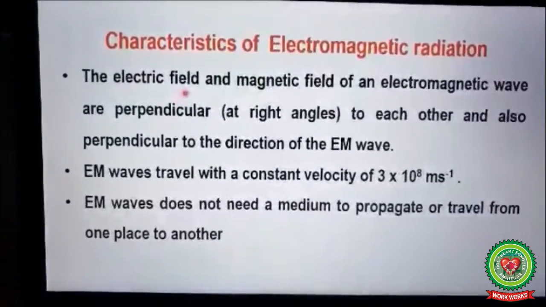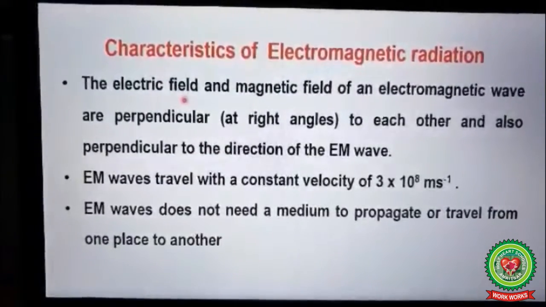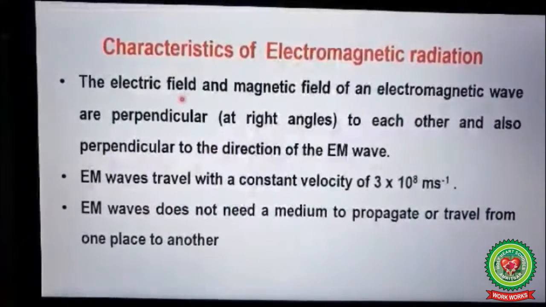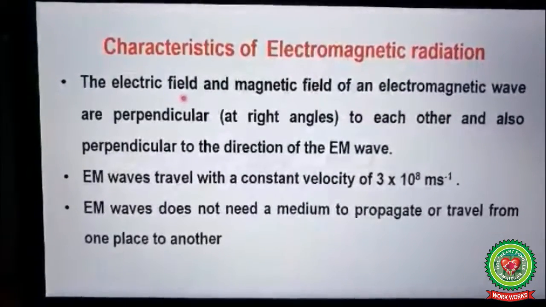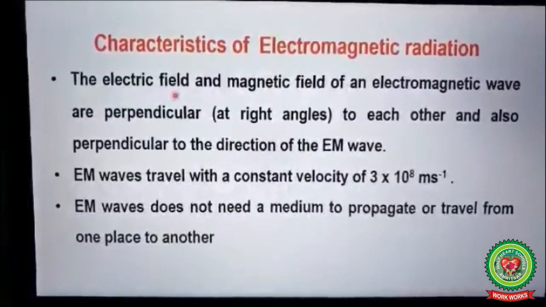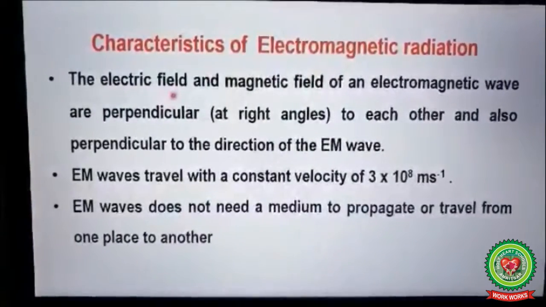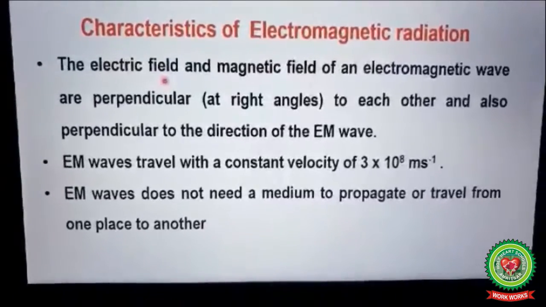The third one is that electromagnetic waves do not need a medium to propagate or travel from one place to another. Light can travel through space. It is all vacuum. So here we need to keep in mind that it does not require any material medium to propagate. We already know that mechanical waves require a material medium to propagate.